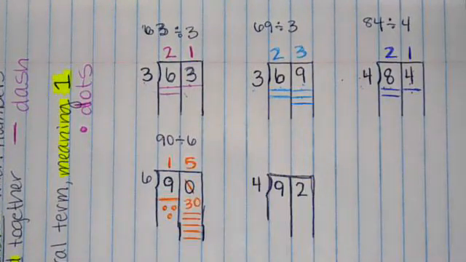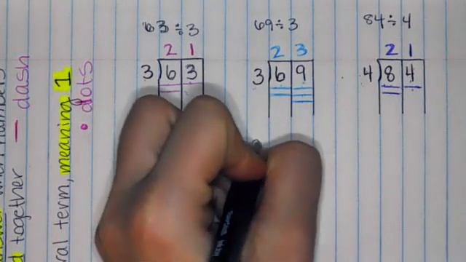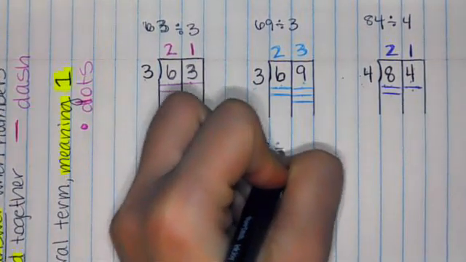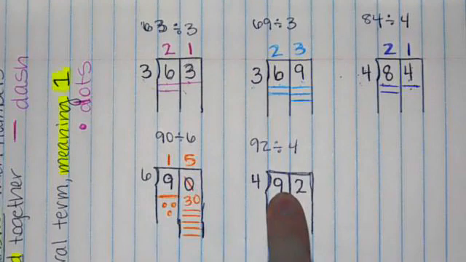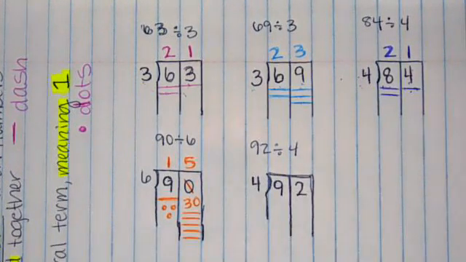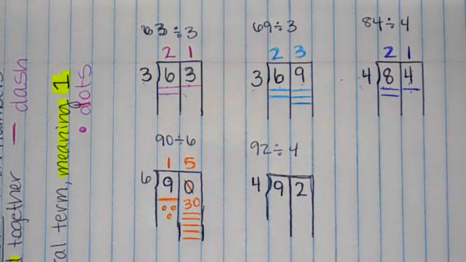All right, the next problem we have is 92 divided by 4. 92 is in the house, divided by the 4 groups on the outside. So I'm going to take 9 divided by 4.